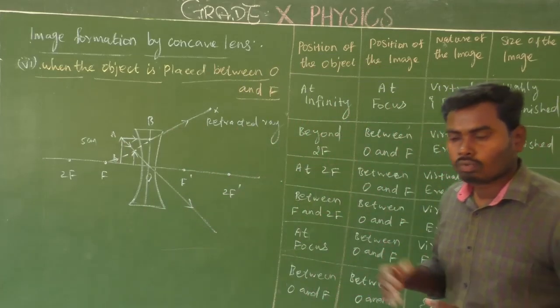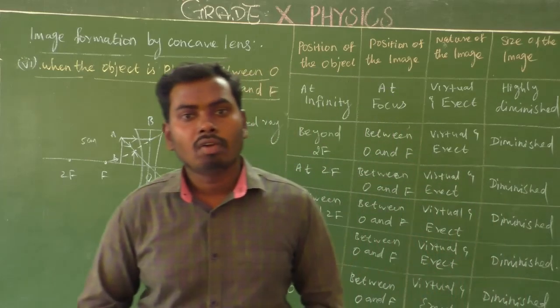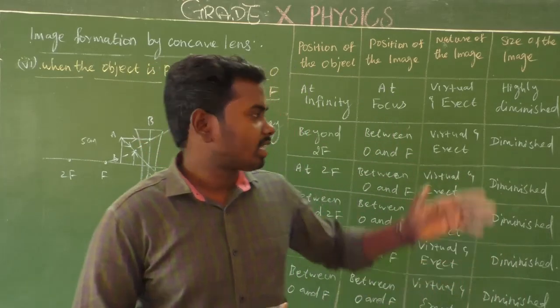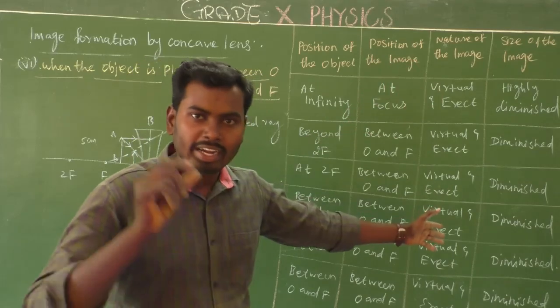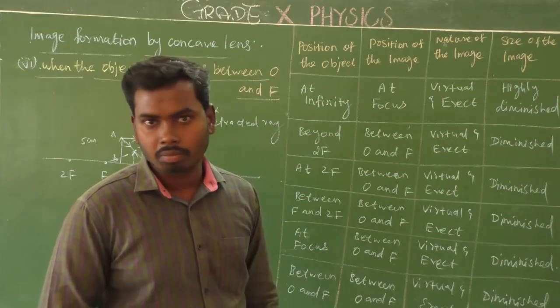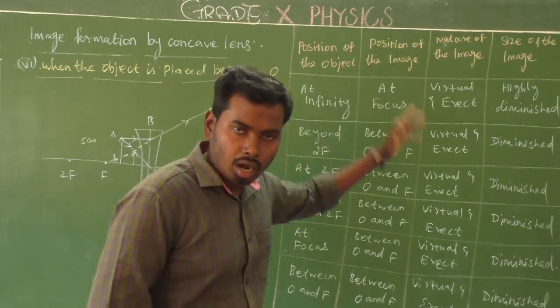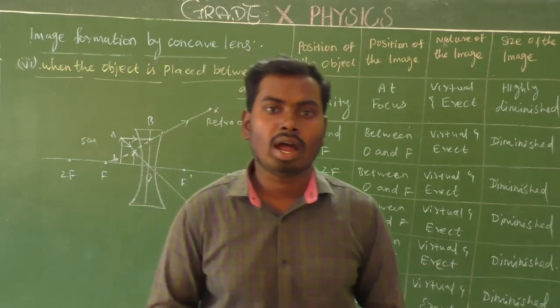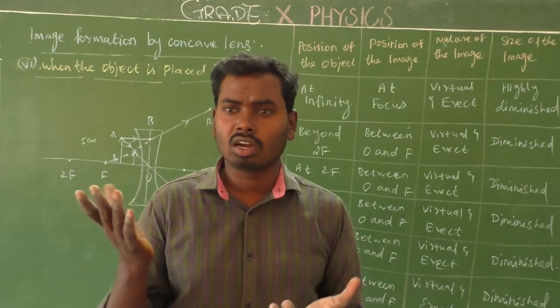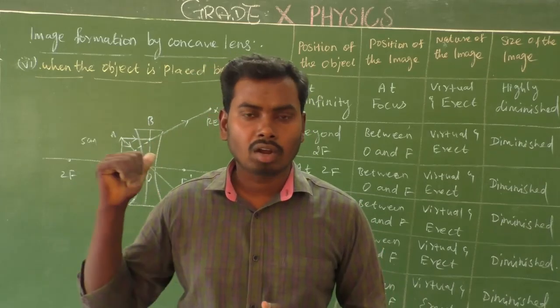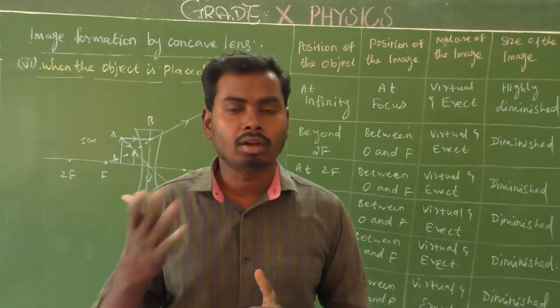Finally, we conclude that this concave lens always makes only virtual images. All virtual images are erect images. The size of the images is always diminished compared to the size of the object. The nature of the images is only virtual and erect. This concave lens always makes what image?